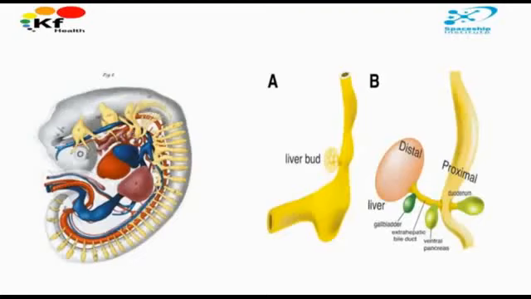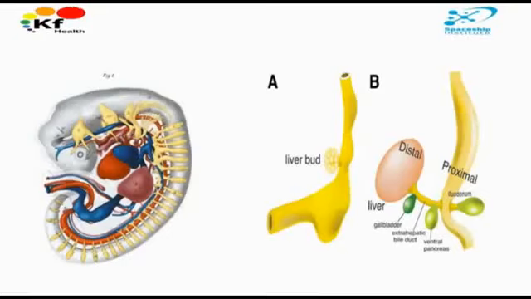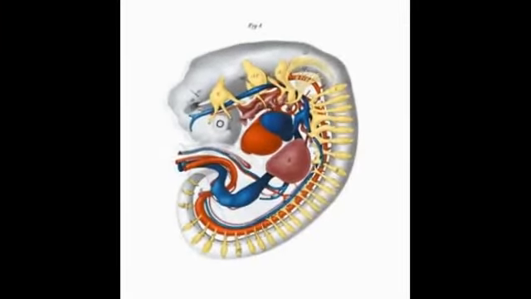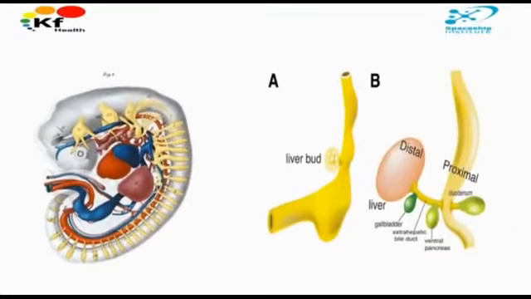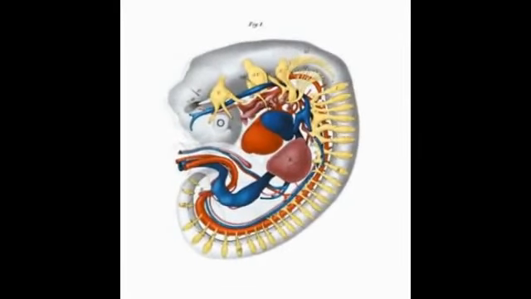From the beginning, you see on the embryo, the shape of the heart and the shape of the liver are very similar. On the left side, it's visible the foregut and the origin place of the liver, gallbladder, bile duct, the pancreas and the duodenum.